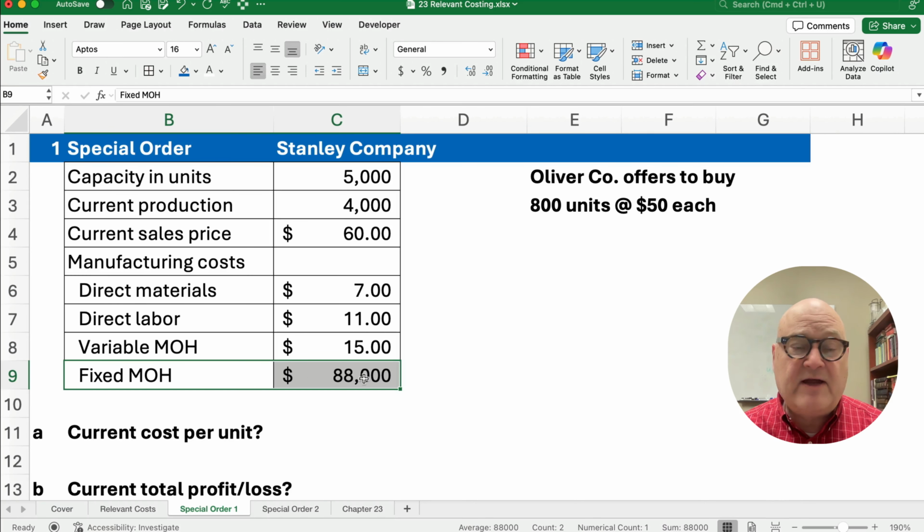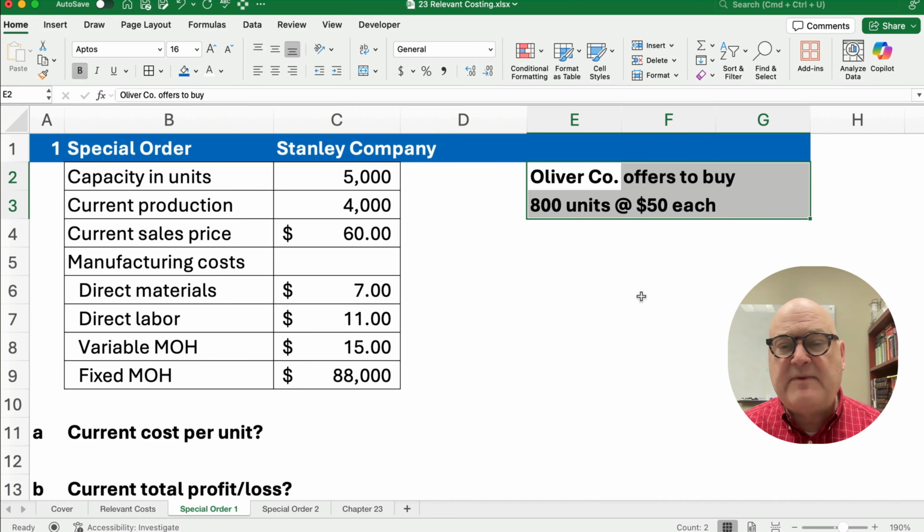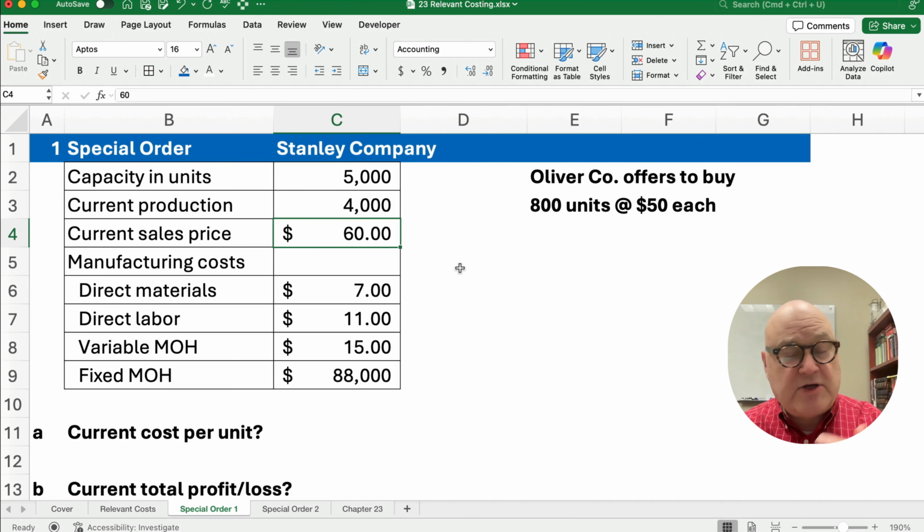And our fixed overhead is $88,000. So that's one cost, and we'd have to allocate it over the number of units. Now the special order is another company offers to buy 800 of those units at $50 each rather than the current $60. They want a good deal because they're buying 800 rather than just one or two at a time.